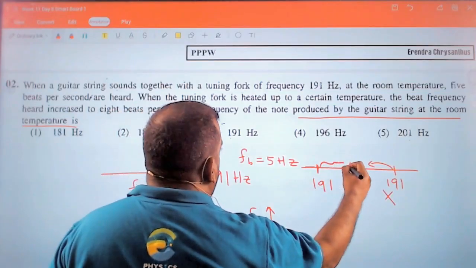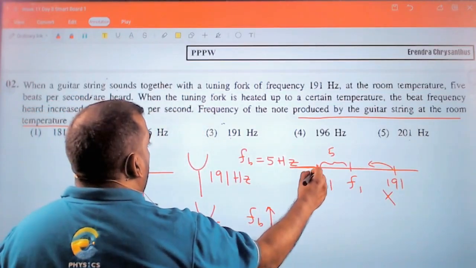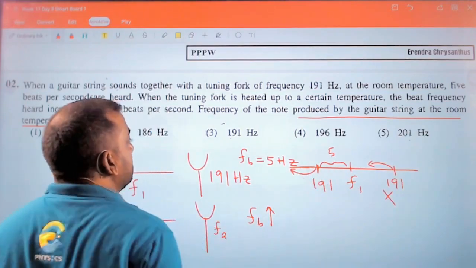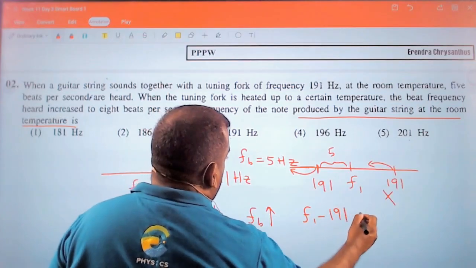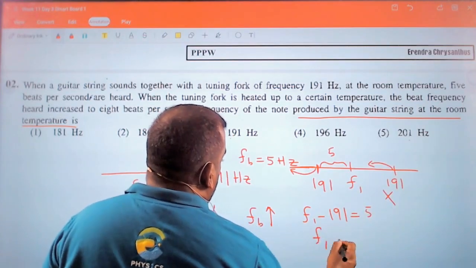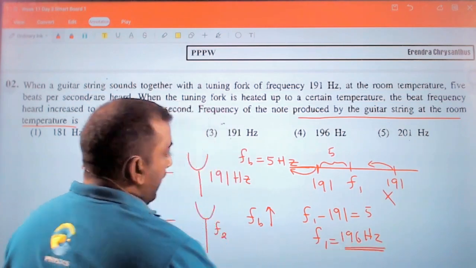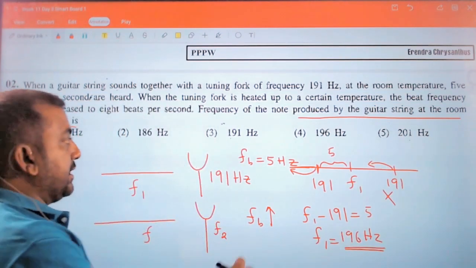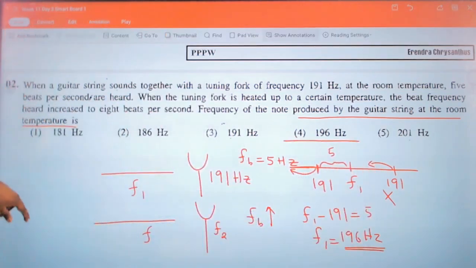Here it's going to be 5. But if you reduce the frequency, the difference here increases, so the beat will increase. So F1 minus 191 is 5, so F1 will be 196 Hz. Answer number 4.